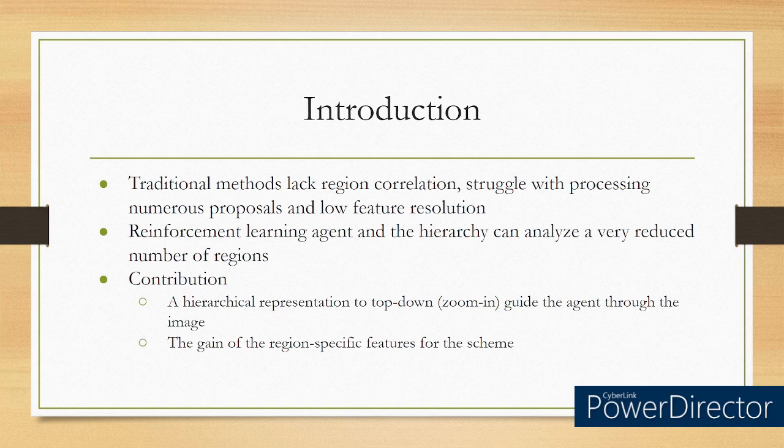With the introduction of RCNN, the region proposal approach allowed for easier utilization of relationships between regions. However, the state-of-the-art methods at the time required analyzing a large number of region proposals rapidly using the convolutional feature map of the entire image.